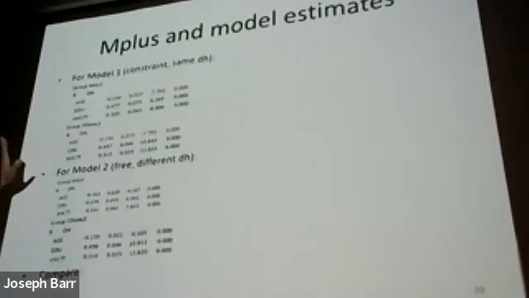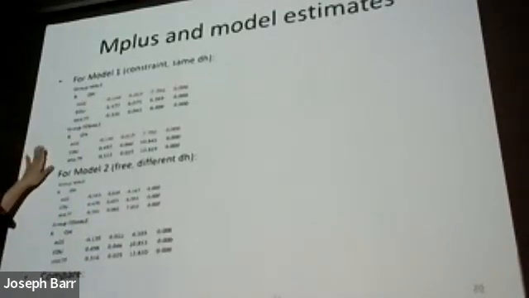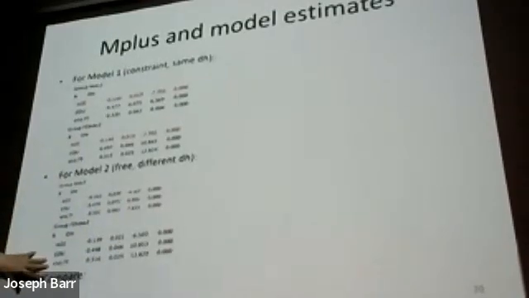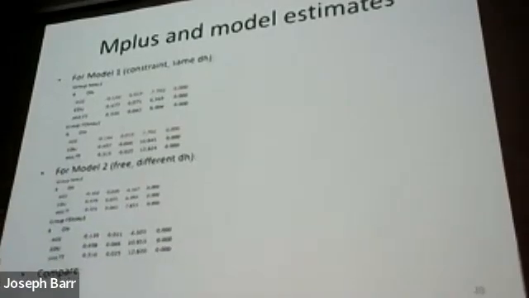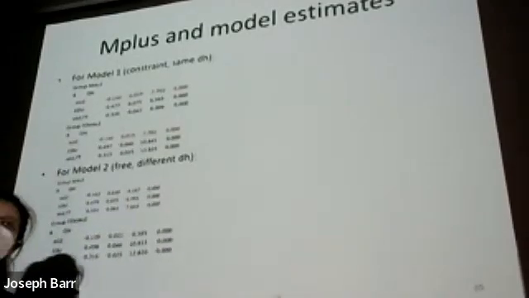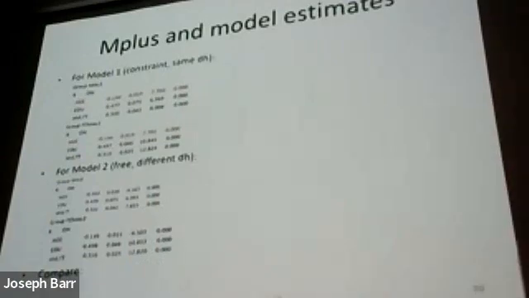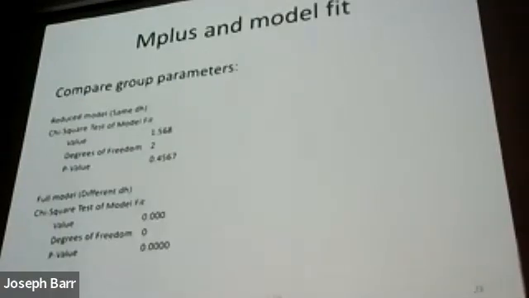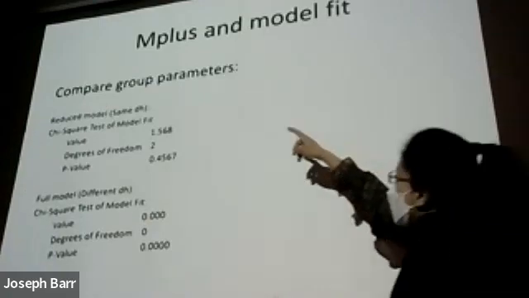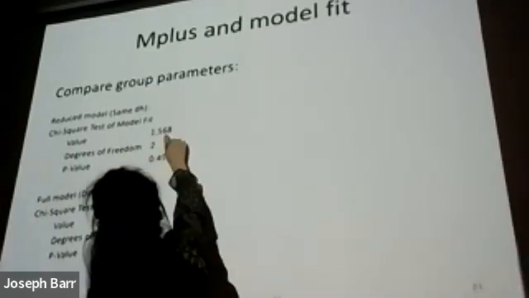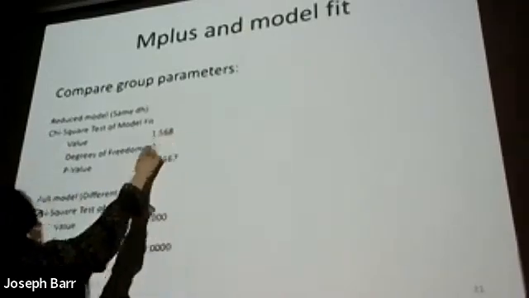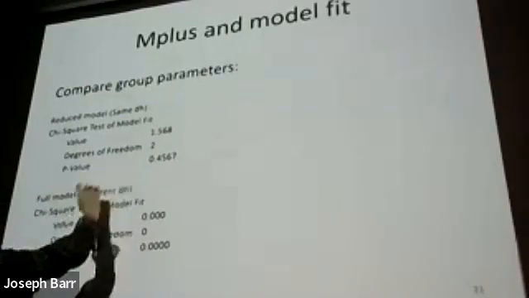Then let's do a comparison between this model and this model to see if this constraint is reasonable or not, if it's a good assumption or not. So if we assume that D and H are the same, the chi-square value is this one, with degrees of freedom and p-value.